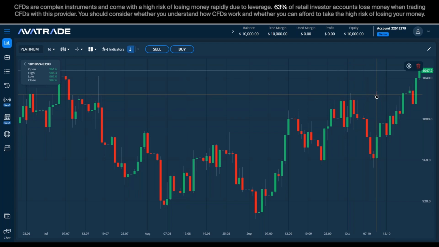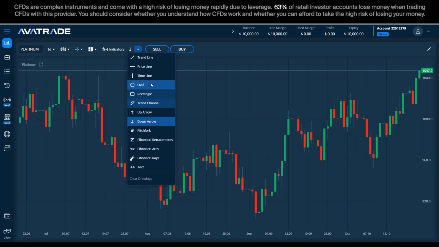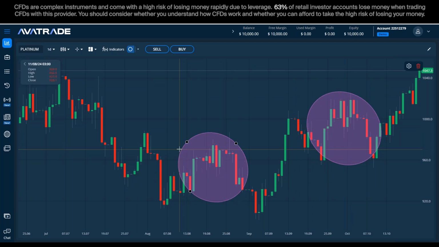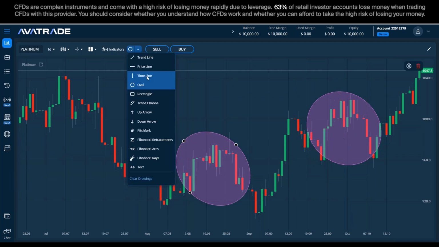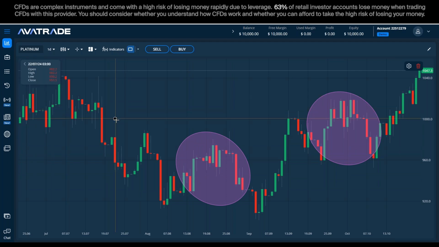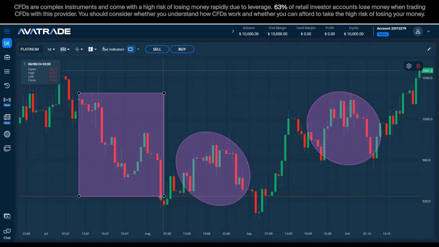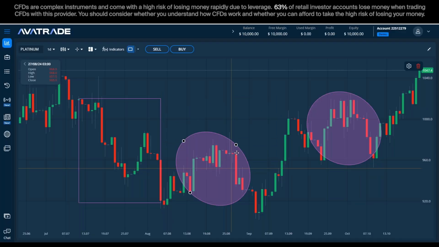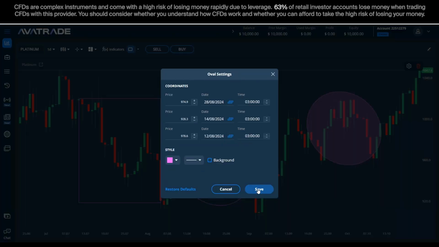As you can see, you can use all kinds of shapes that help you capture the trend in a bit better visual way, if you want to put it this way. It's for you to decide.